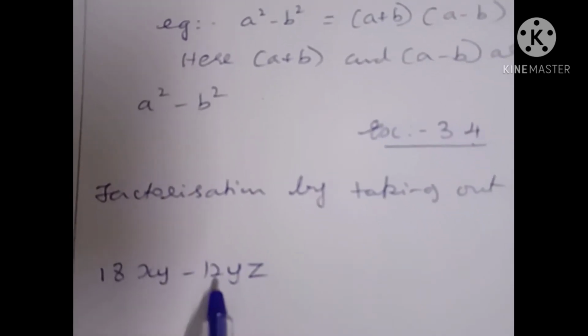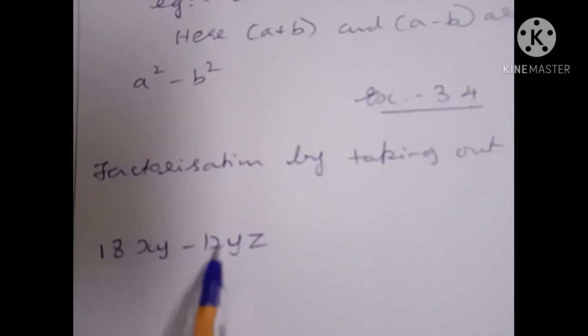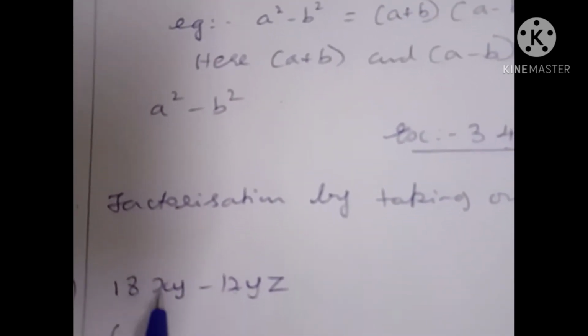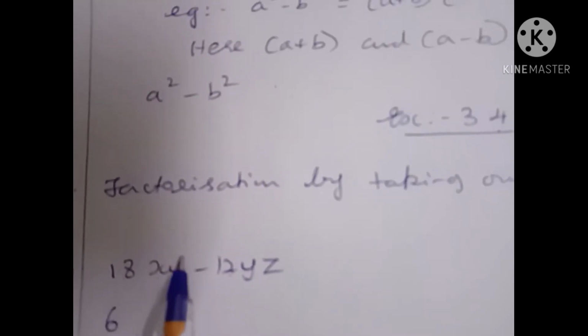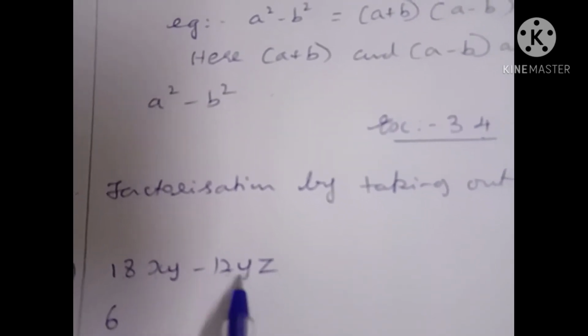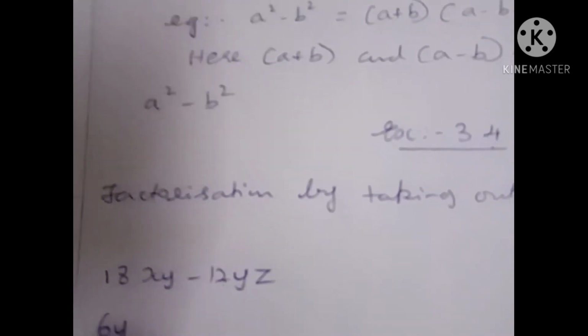If you take the constants 18 and 12, they are divisible by 6. So 6 you can take as a common factor. And then if you see the variable, y is common for both the terms. So you can take y as a common factor.